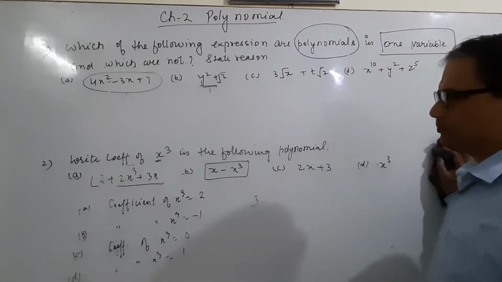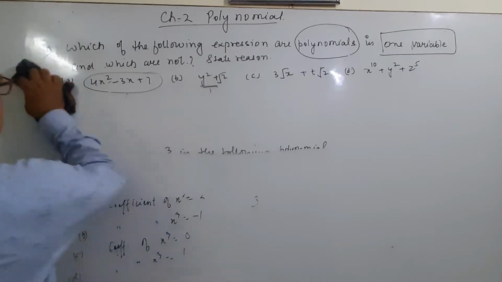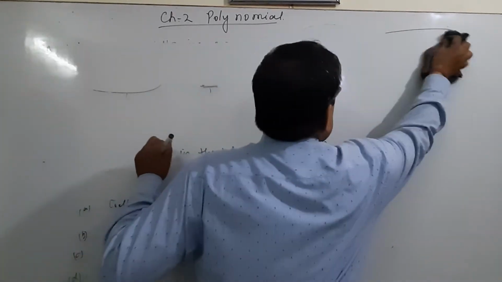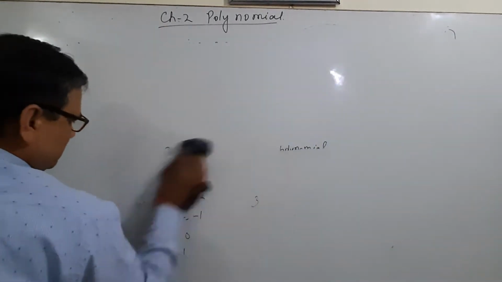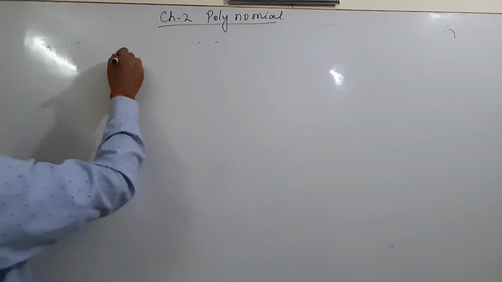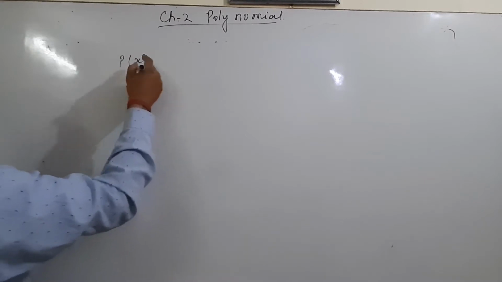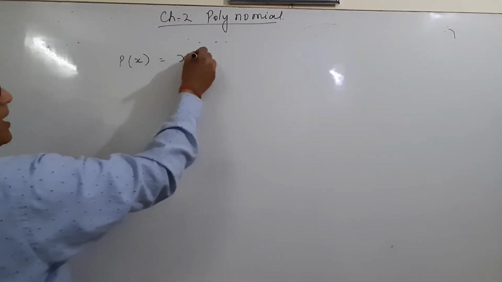And now, the polynomial is generally expressed as P(x). P means polynomial with variable x, and P(x) is x minus 1.